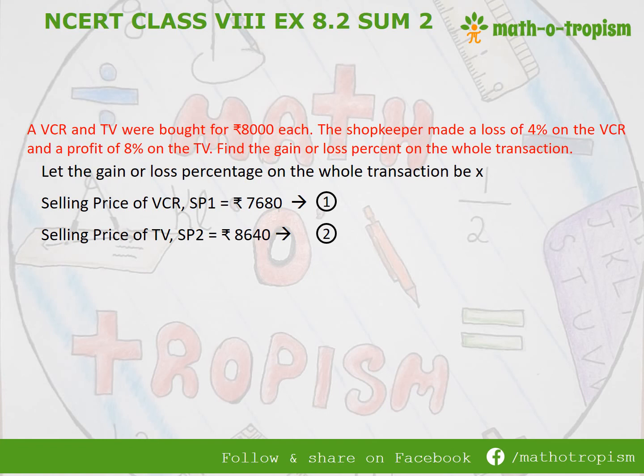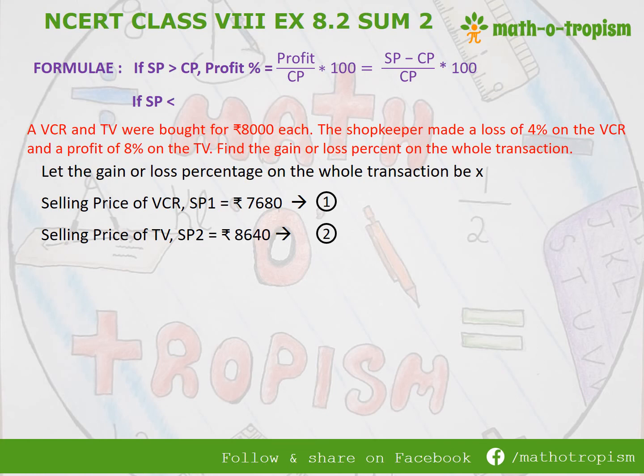So for that, first we need to know the formula for the gain and loss percentage. If the SP is greater than CP, then it is profit percentage, because we have sold it at a higher price, so we gain. Profit percentage is profit by CP into 100, but profit is SP minus CP, that is the selling price minus cost price, whole divided by cost price into 100.